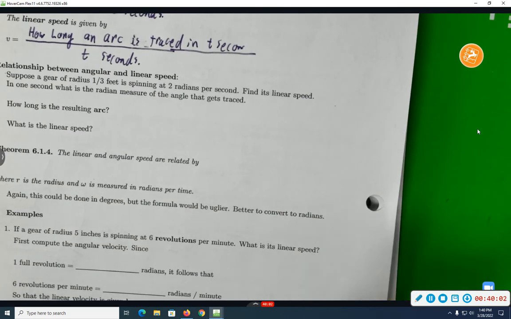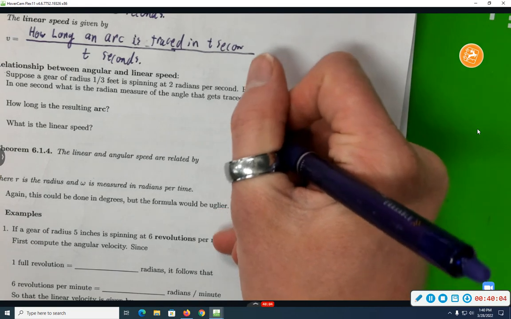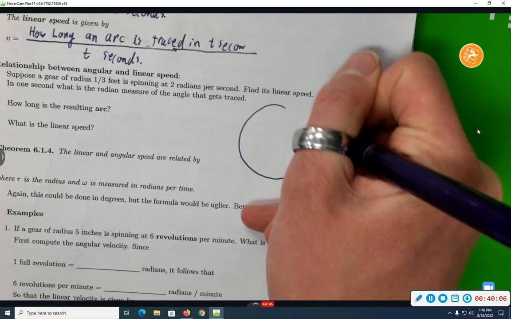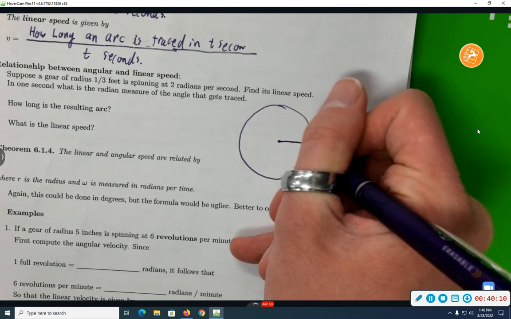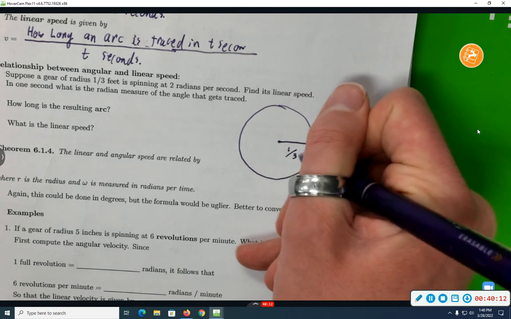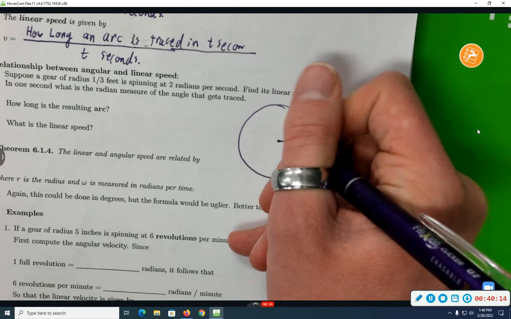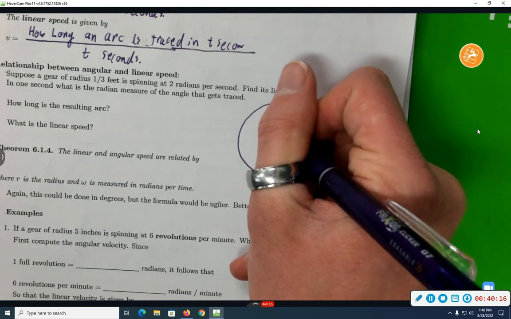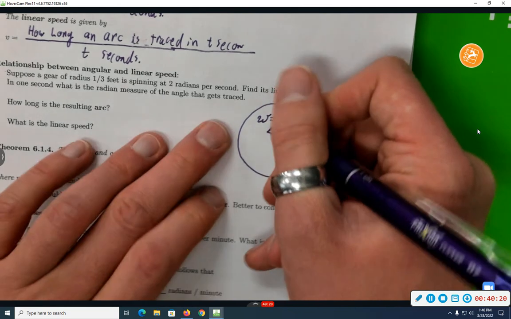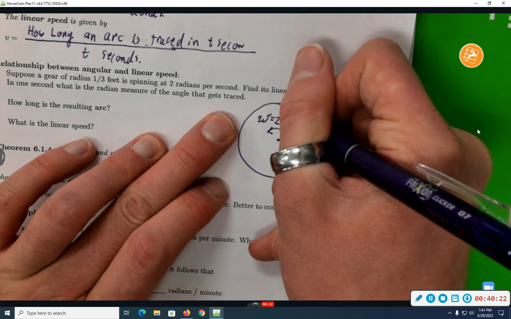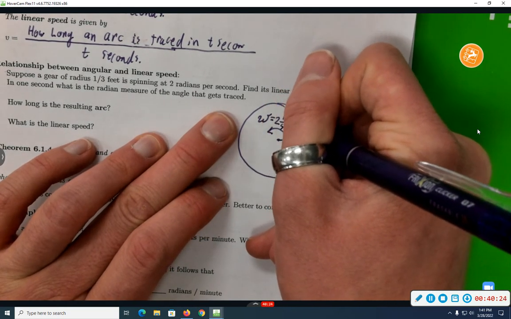So let's suppose, I'll draw a picture. You have a gear, which I will draw as a perfect circle. It should have teeth, but it doesn't. Of a radius exactly 1 foot. And let's suppose it's spinning at some angular velocity of 2 radians per second.